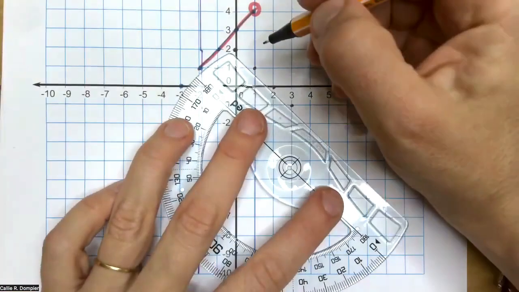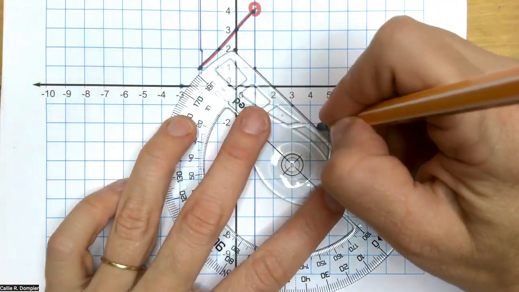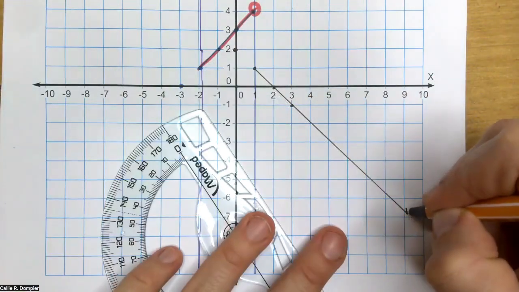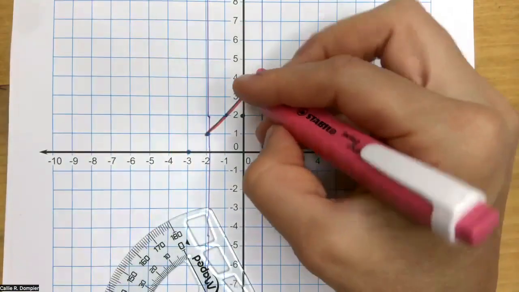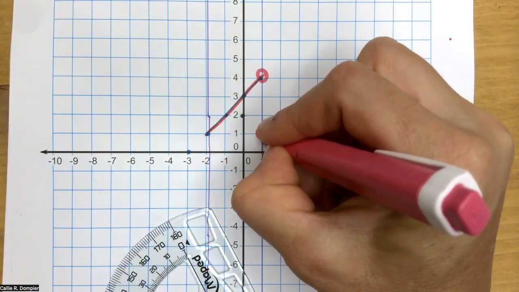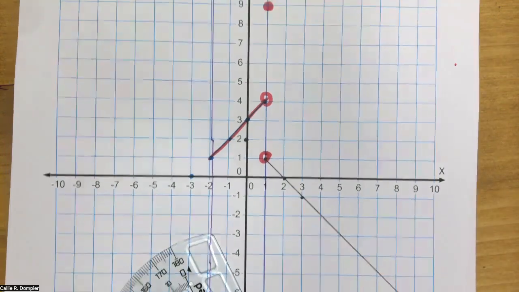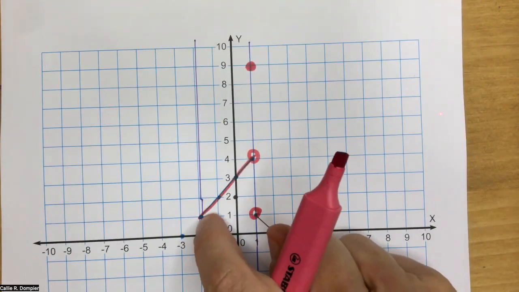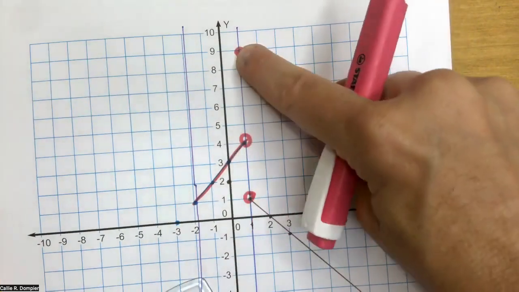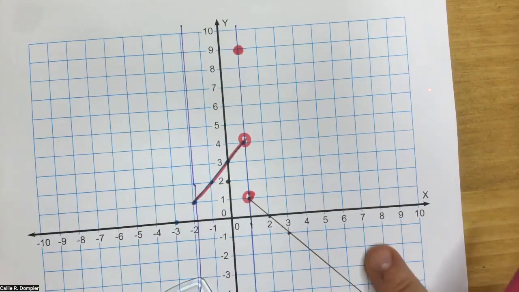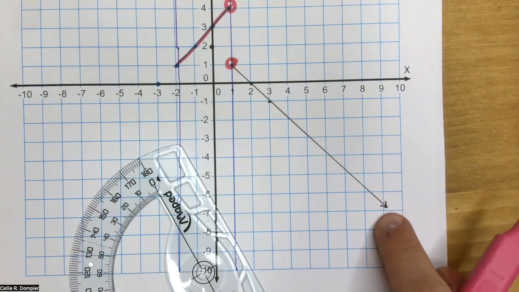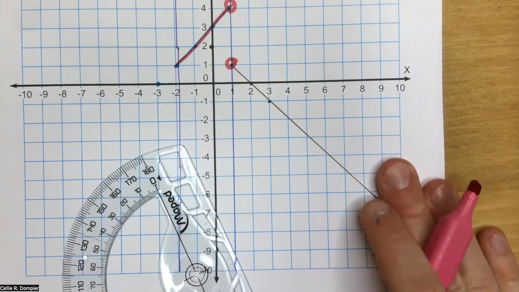So when x is greater than 1, we're doing this. And again, we're making it clear that it does not count the actual spot, okay? So from here, you leap up here, and as soon as we get past one, you fall down to here and go down, and it will go on forever because it just says greater than one, right?